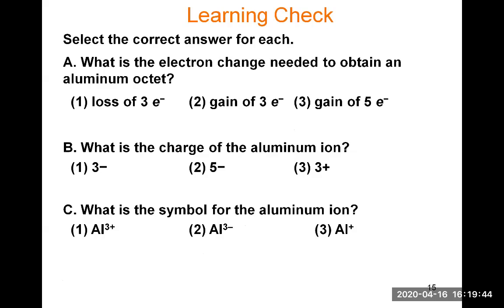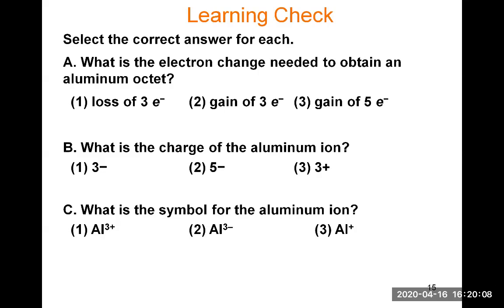So here we have aluminum, so you want to find it in the periodic table. And aluminum is in group 3A, its atomic number is 13. Aluminum is a metal, it's under the staircase line. Remember that even though it touches the line, it's a metal, not a metalloid.